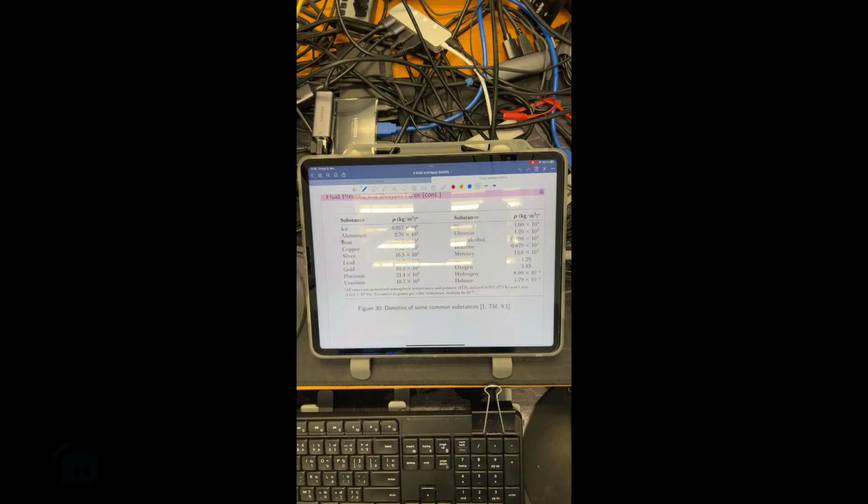And now we reach the heavy metals like iron, 7.86, and copper, 8.92 thousand. Silver is 10,500 kilogram per cubic meter, and lead is 11.3. Gold is almost double.